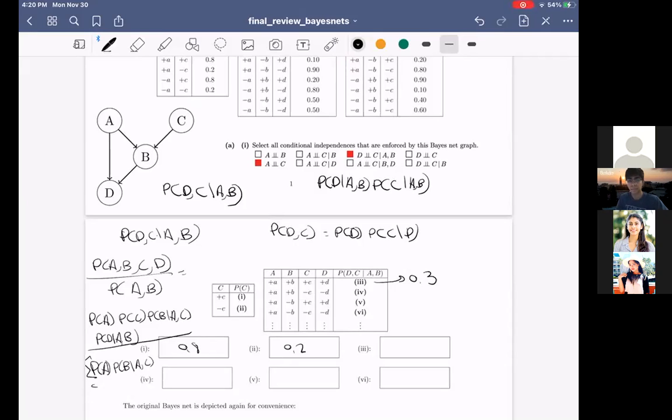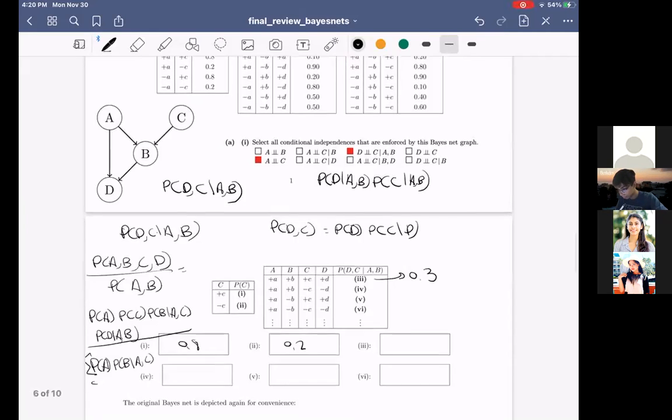So I was really curious why probability of C given AB wouldn't reduce to probability of C, since C is the parent node, which doesn't have any parents.